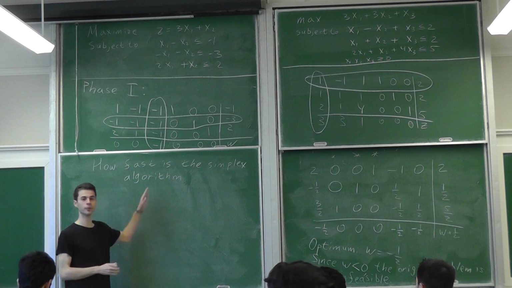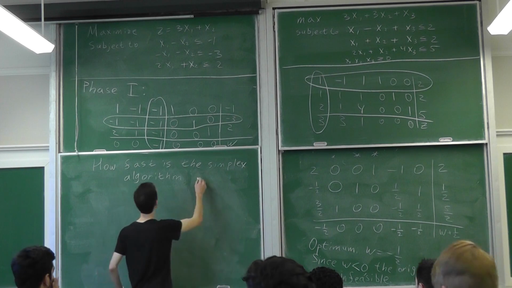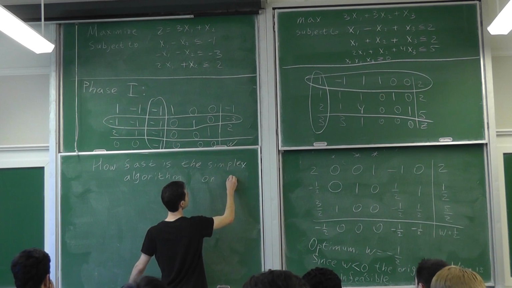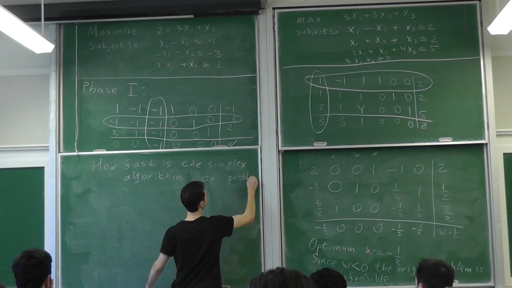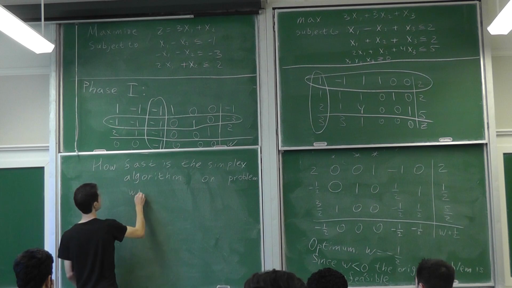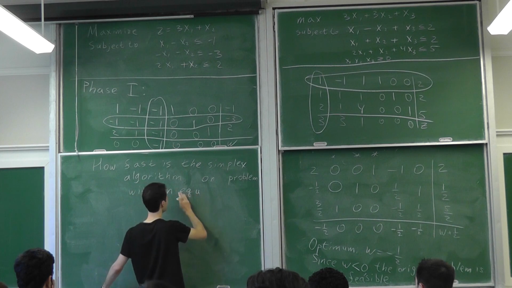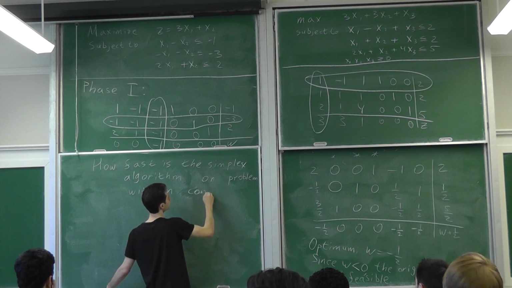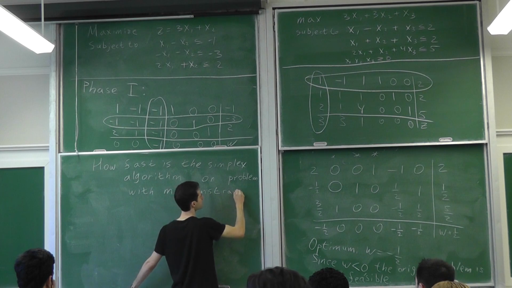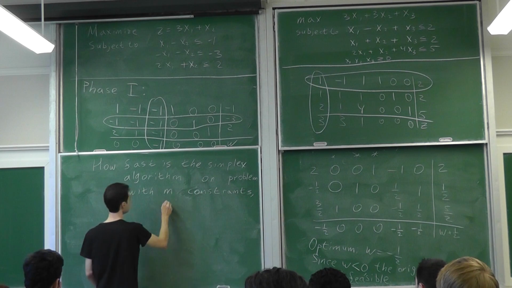Formulate the question more precisely: how fast is it on a problem with m equations, m constraints, m variables?